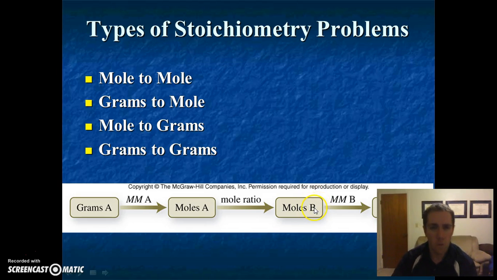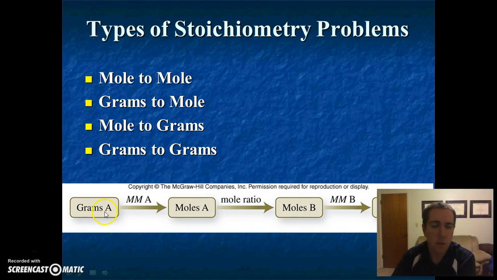If we know how many moles of A we're starting with, we can use what we'll call the mole ratio, and you'll see what that is, to calculate the moles of B. Each of these arrows on this flowchart is one step in dimensional analysis. The simplest conversion you can do is moles of A to moles of B. If you go from grams of A to moles of B, it's the same thing.